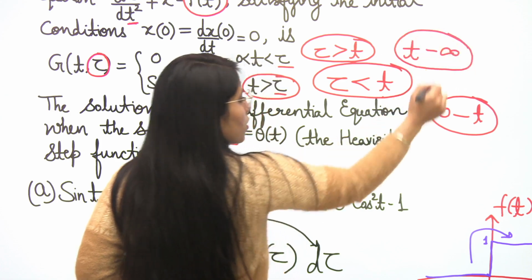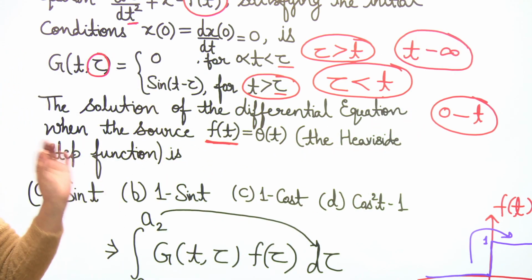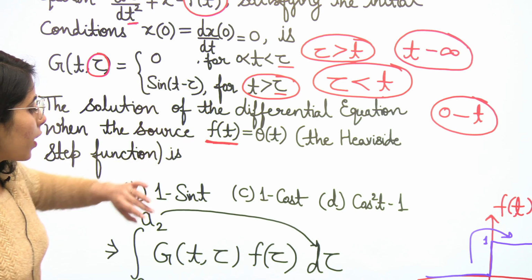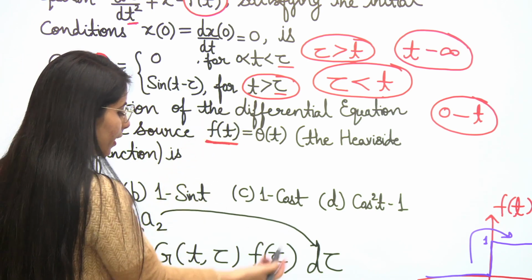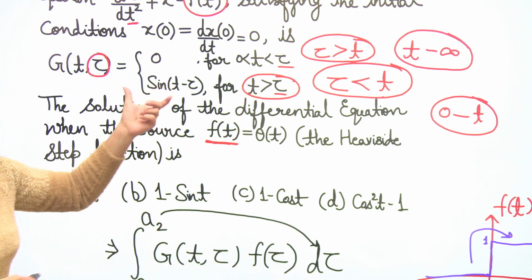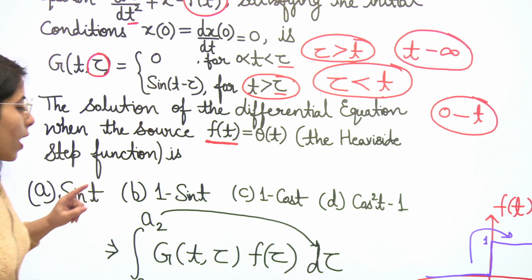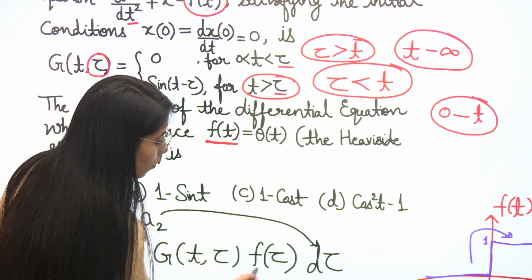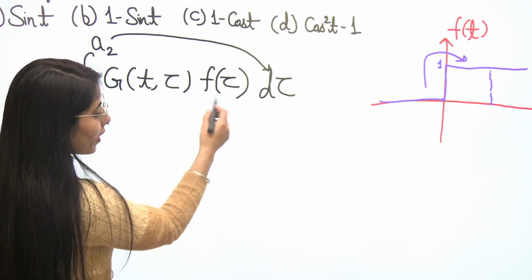Clear? So 0 to t and t to infinity for the tau range. So you are going to put the limits now and accordingly put the value of the function, that is Green's function. The other thing is the f tau value here, which you have to put at this place.